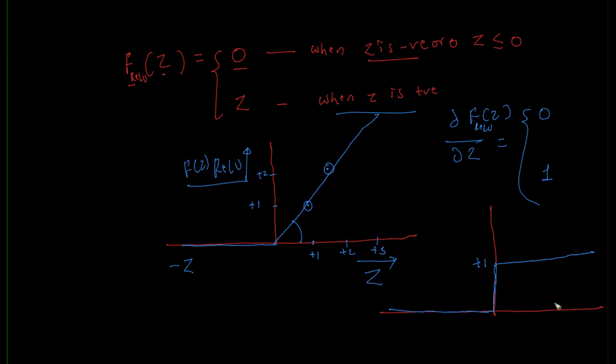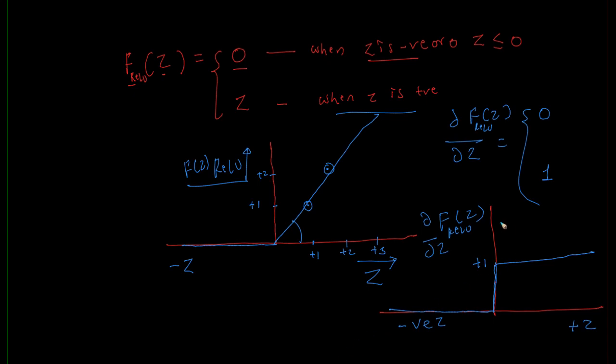So this is the positive z, this is the negative z, and this is the derivative of f of z ReLU with respect to z.